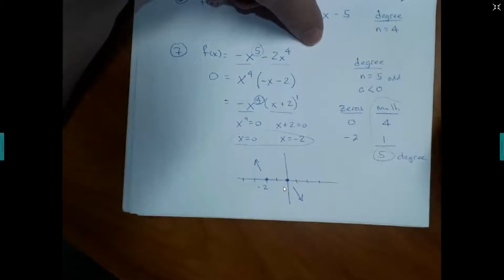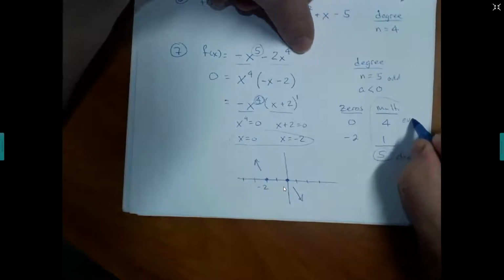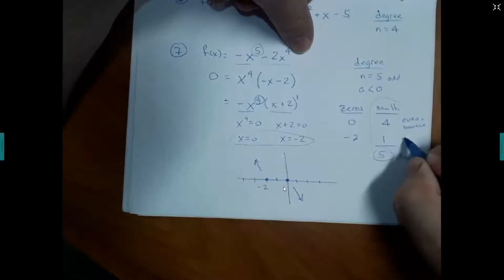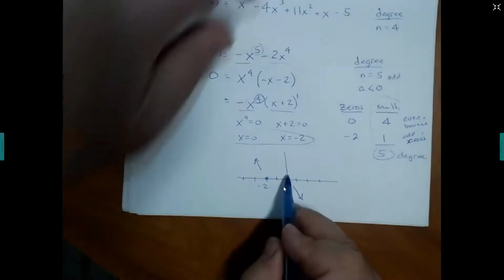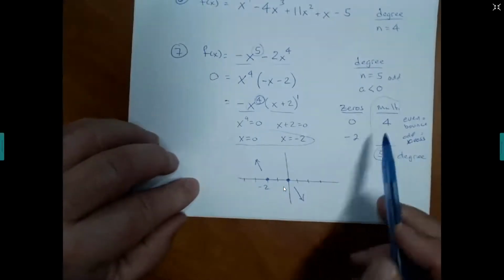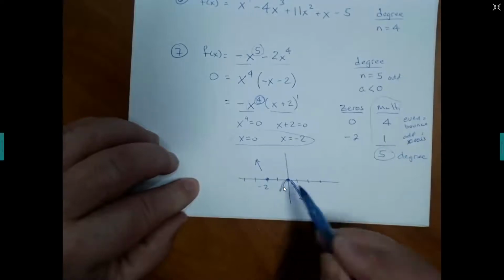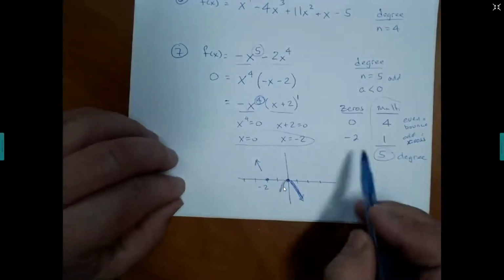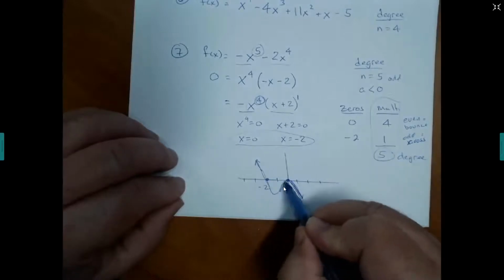Even multiplicities, even is bounce, odd is cross. So at 0, I have an even multiplicity, so it bounces off that. -2 has a multiplicity of 1, so that's where it crosses.